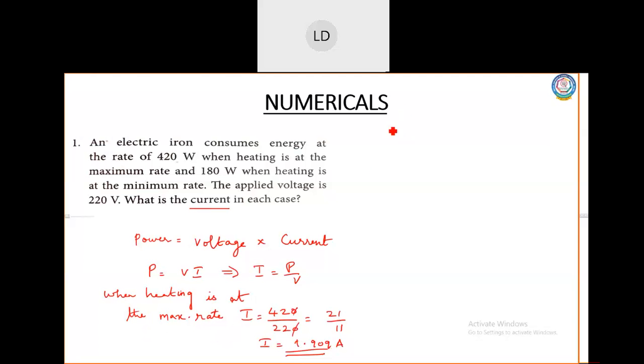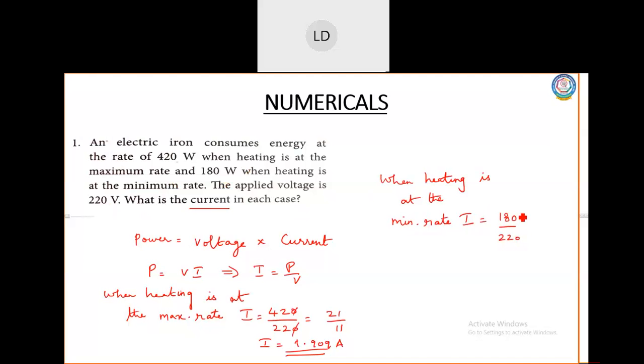Now next we are going on to when heating is at the minimum rate. So when heating is at the minimum rate, what is the value? I is equal to 180 they have given. So it is 180 divided by 220.